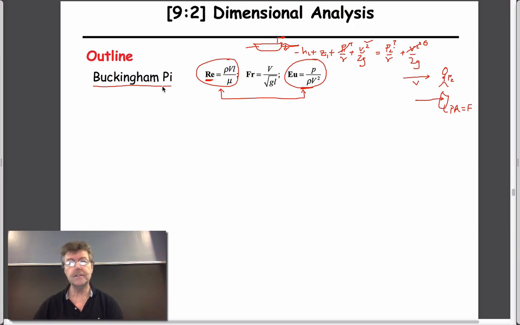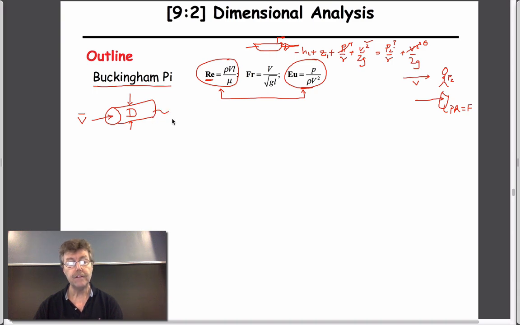And so the system that we might look at, which we kind of alluded to last time, is flow in a pipe. The pipe has some diameter. There's an average velocity flow in this pipe. Same velocity out the other end.